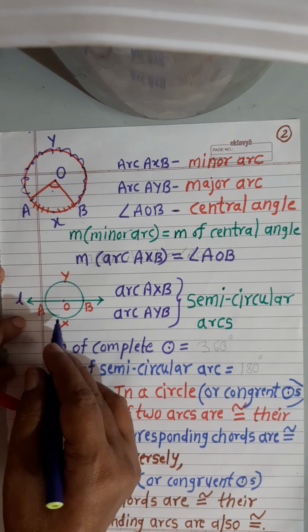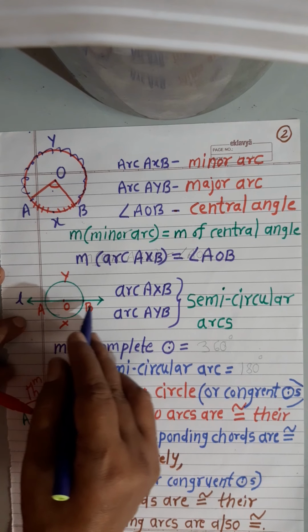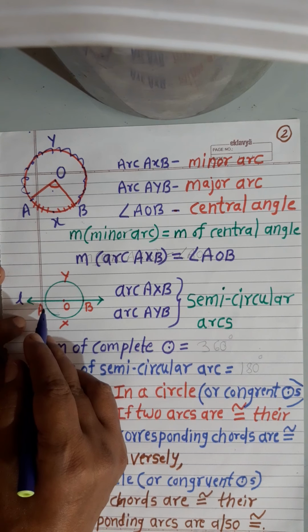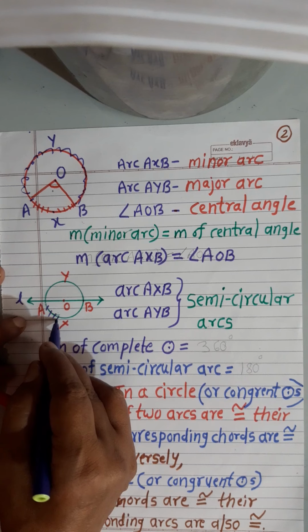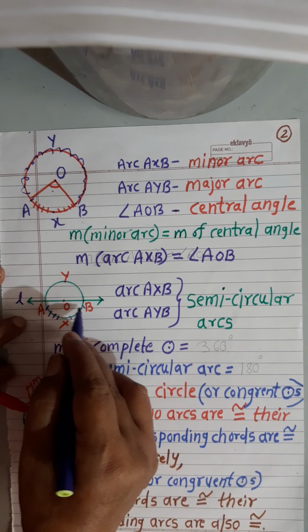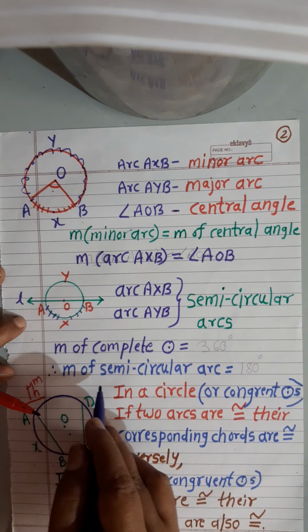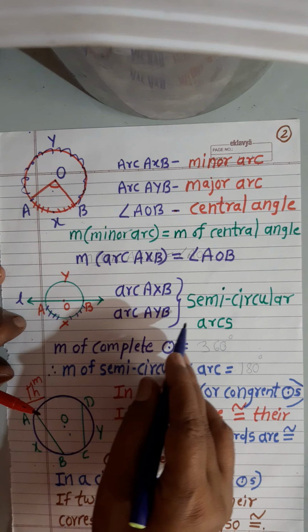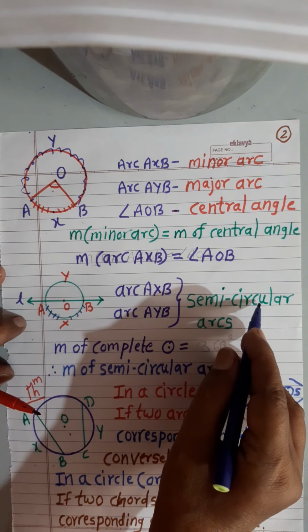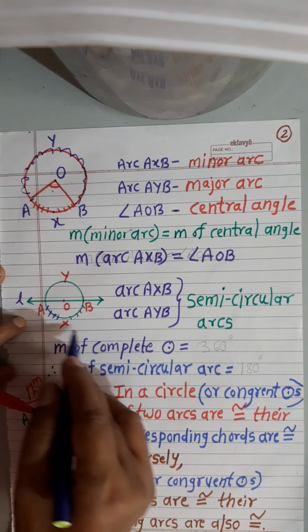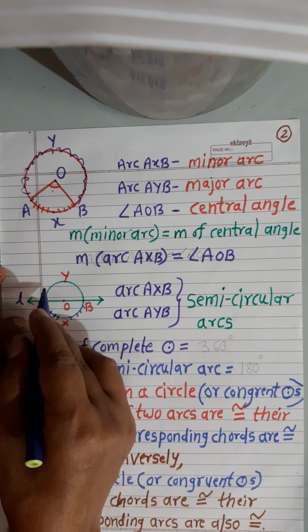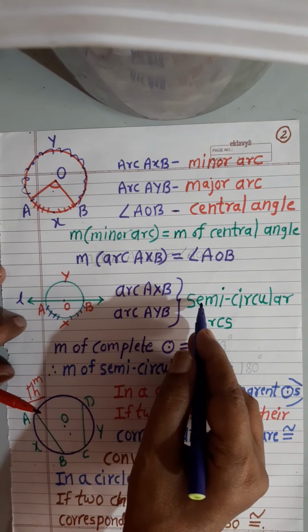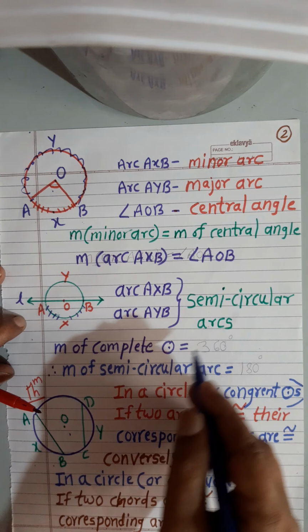Since line L passes through the center, these two arcs look the same size and are called semicircular arcs.